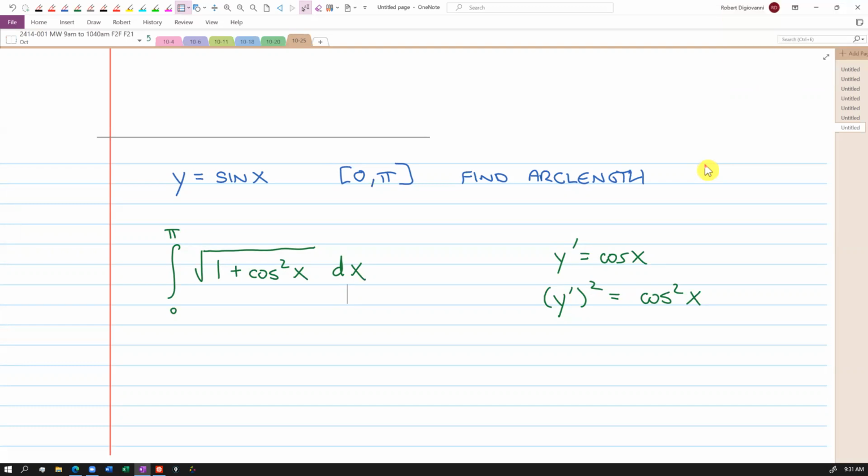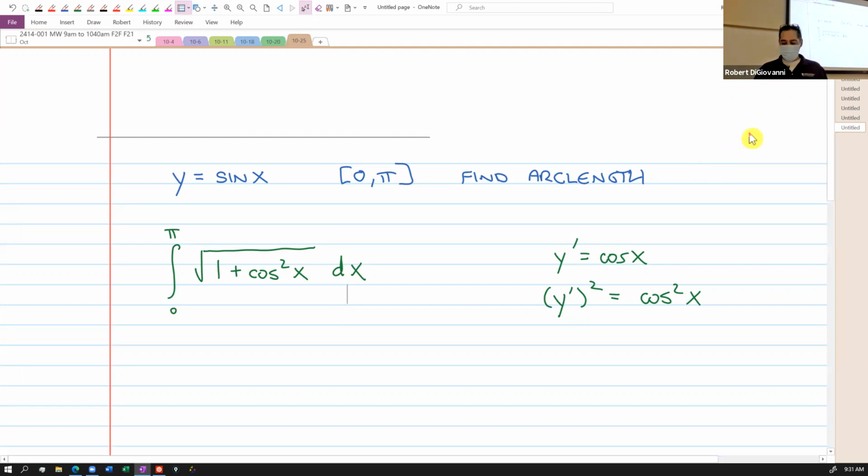Circumference. Why don't we take the circumference of a circle and prove it? What's the circumference of a circle? Diameter times pi, or 2 pi r, right? So let's prove it. Maybe, all right?